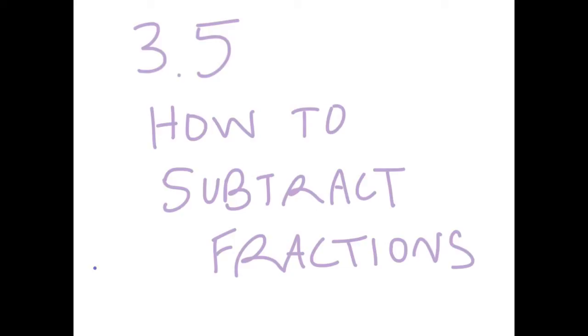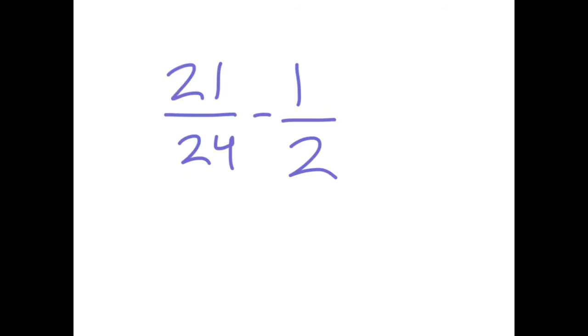3.5, how to subtract fractions. So first let's find the common LCM for the denominators. So 24 times 1 is 24.